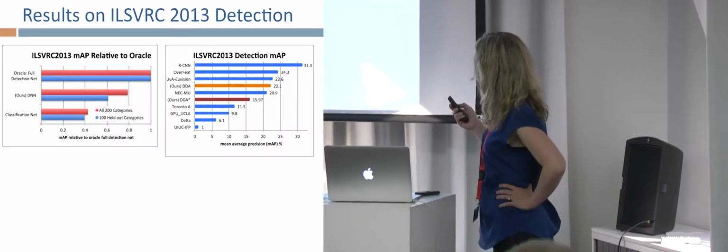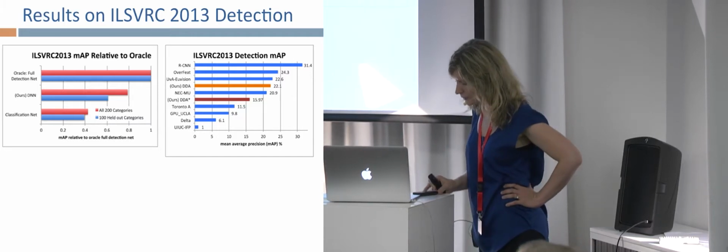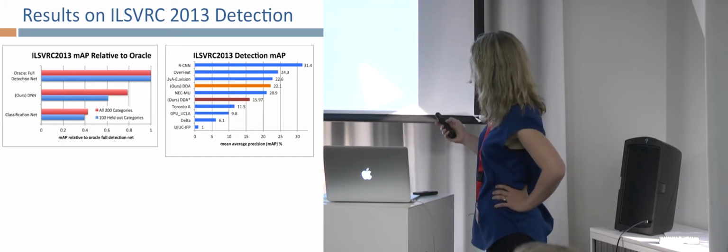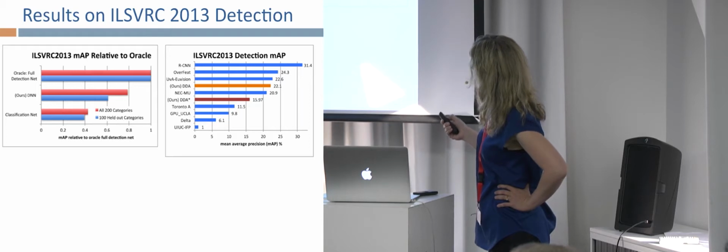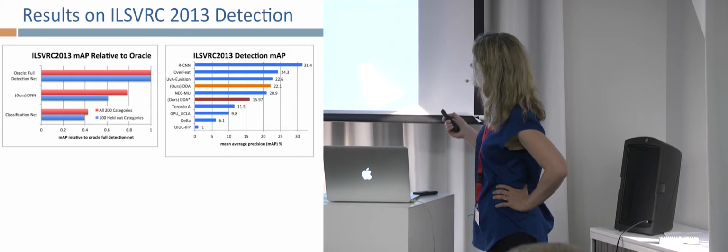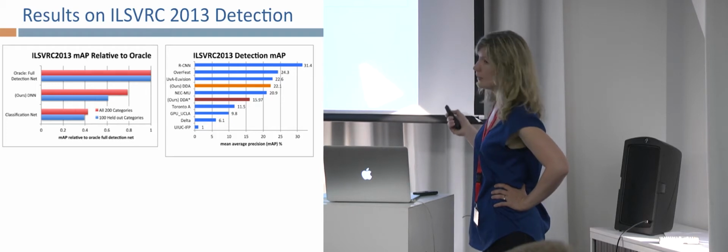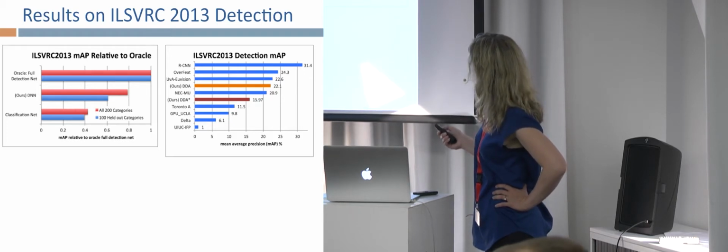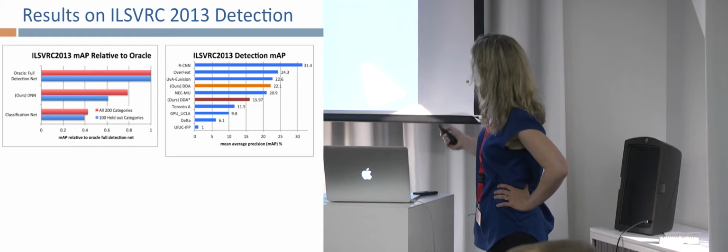Okay, so let me quickly show you some results of this method. These are results on the ImageNet Large-Scale Visual Recognition Challenge dataset. There are two types, classification and detection, and we're evaluating on the detection part. These are other methods that were evaluated on this dataset.